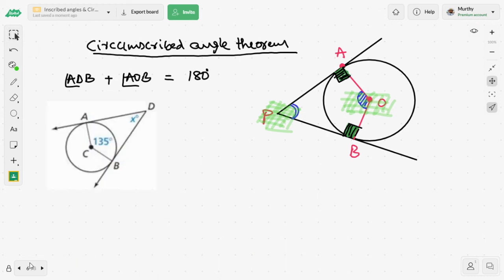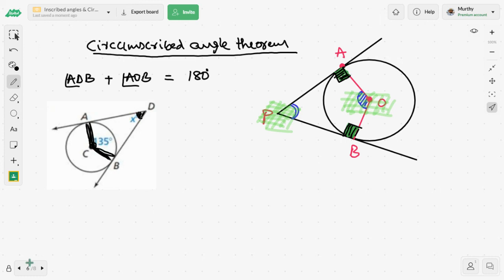Once again, the angle at the center of the circle and the angle formed outside the circle by these two tangents equal 180 degrees. Therefore, here you can see this is angle ACB.